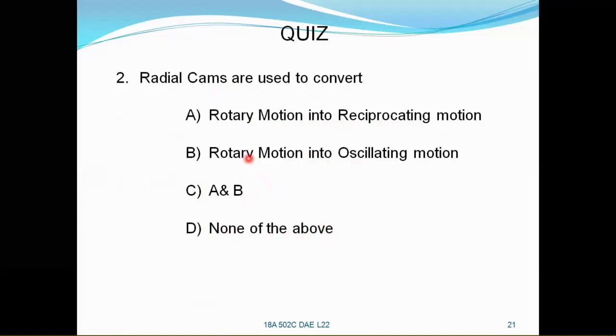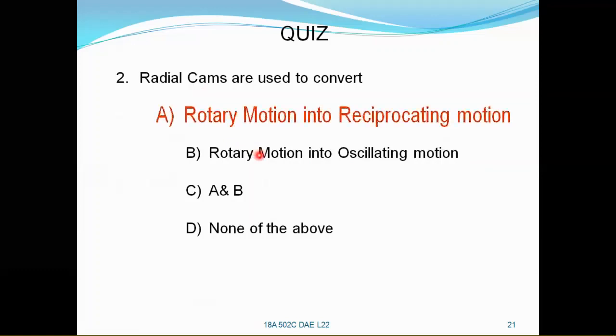So actually, the radial cam rotates about its own axis, and the follower may have reciprocating motion or sometimes oscillating motion also. So A and B must be the right answer, but A alone is not the right answer.